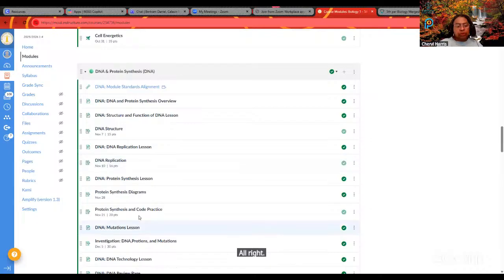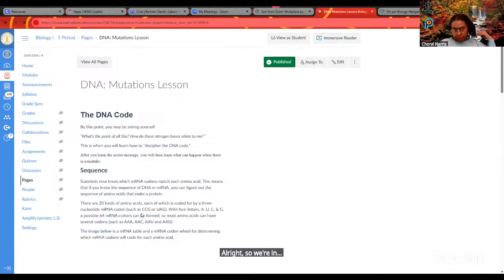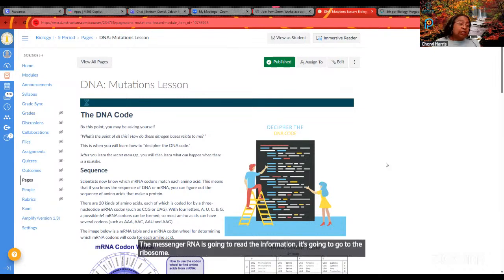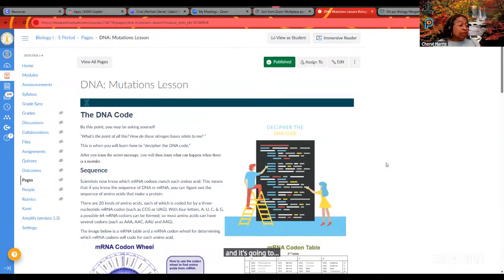All right, so we're in DNA lessons and mutations. So we looked at last week how to create a protein. The DNA is going to open up. The messenger RNA is going to read the information. It's going to go to the ribosome, and it's going to collect amino acids and create a string of amino acids, and it makes a protein.